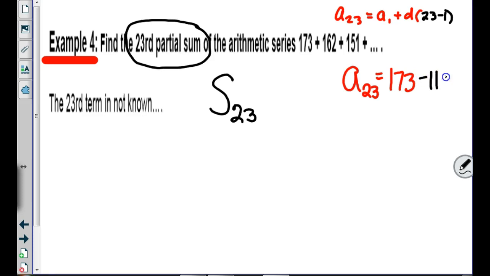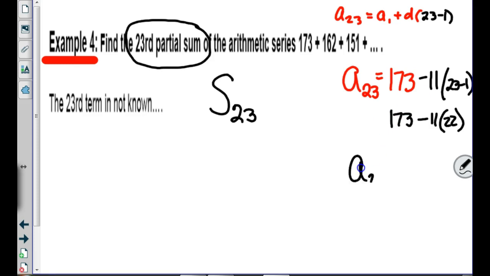Minus 11 is the difference. And to find the 23rd term, we would do 23 minus 1, or 22 times. 173 minus 11 times 22, negative 69.